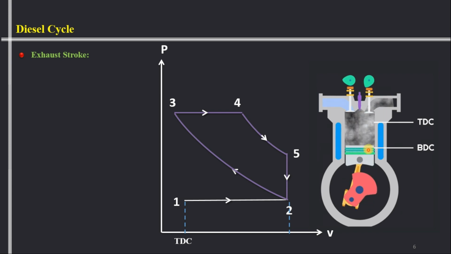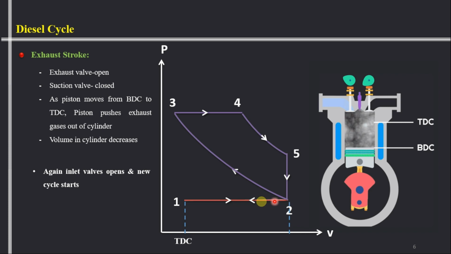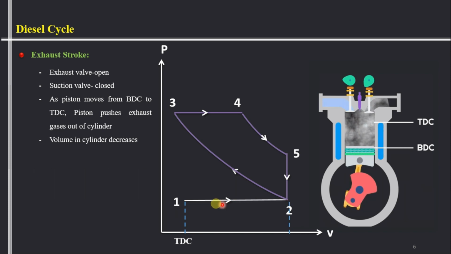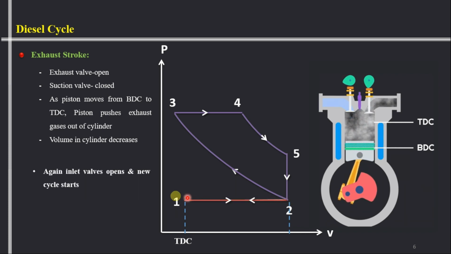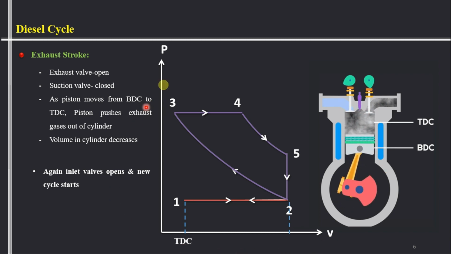So volume is going to decrease and pressure will remain atmospheric because this valve is open. If we look at this on the PV diagram, this process will look like this. The piston is moving from BDC to TDC at constant pressure. Now, after completion of this stroke, the inlet valve opens again and this cycle will be repeated.